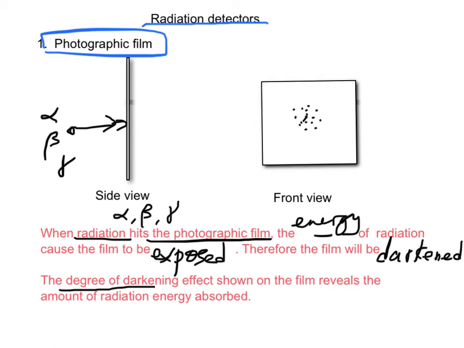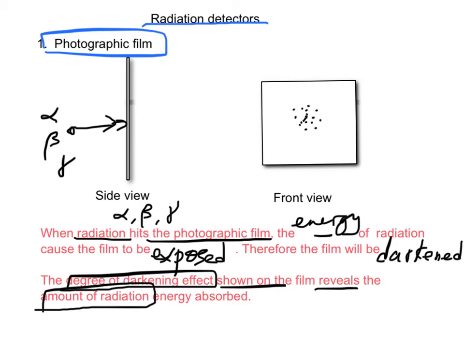The degree of darkening effect shown on the film reveals the amount of energy that the radiation is being absorbed. That is to say, if the amount of radiation being absorbed increases, then the degree of darkening effect will increase, or we say it will be darker.